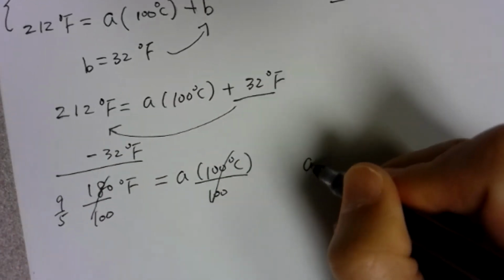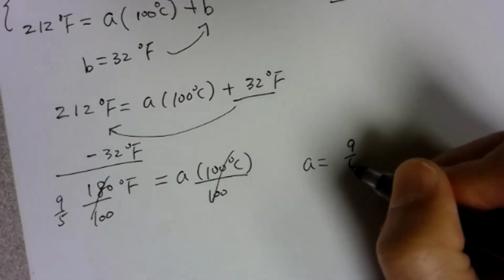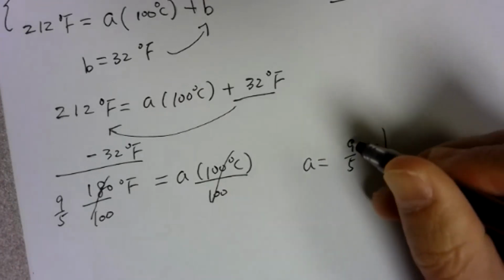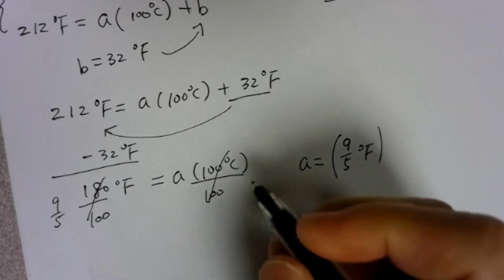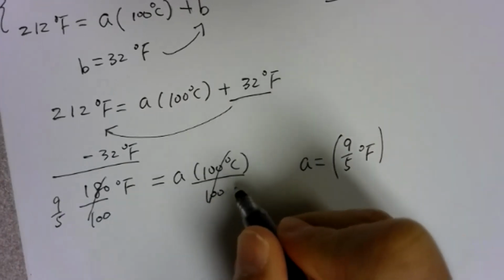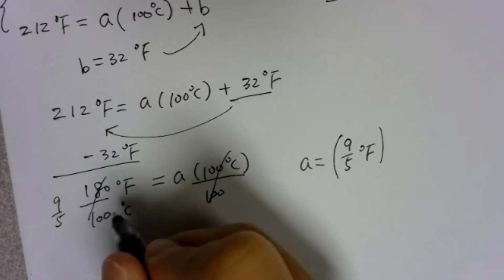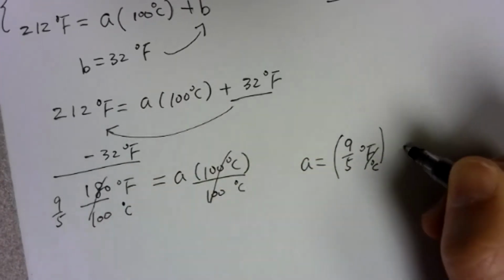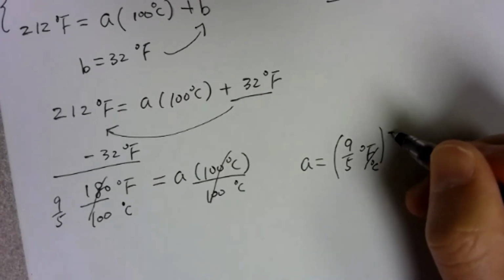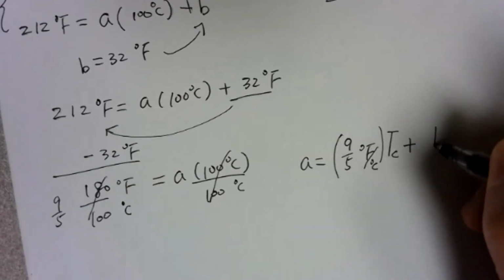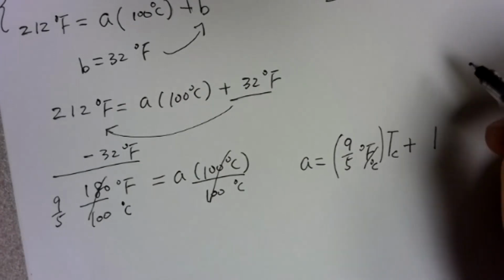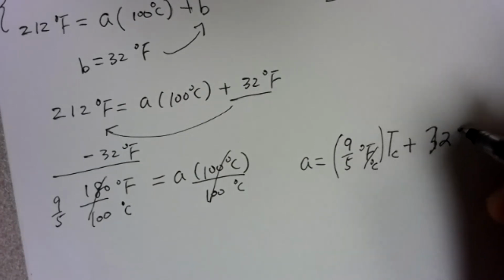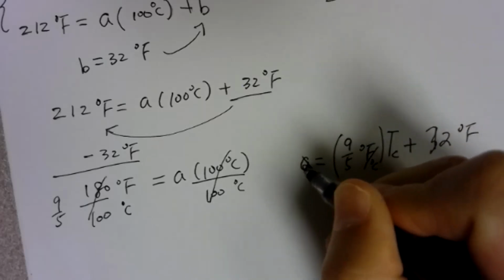So your A then is equal to 9/5 degrees Fahrenheit divided by Celsius, as you divide both sides by 100 Celsius. Okay, so divided by Celsius times temperature in Celsius plus B, which is 32 degrees Fahrenheit.